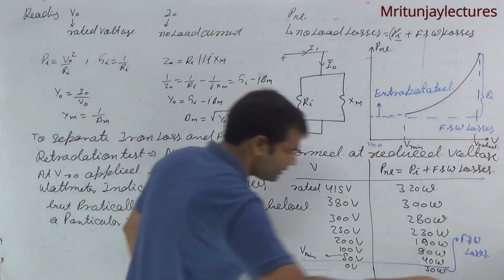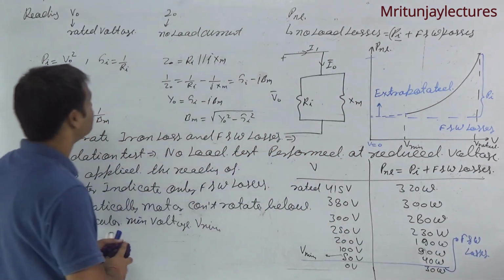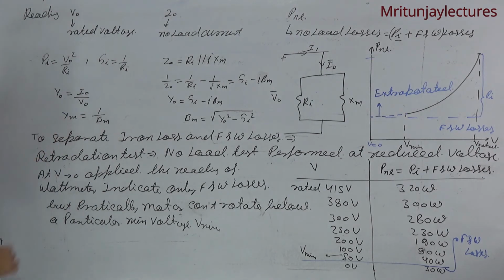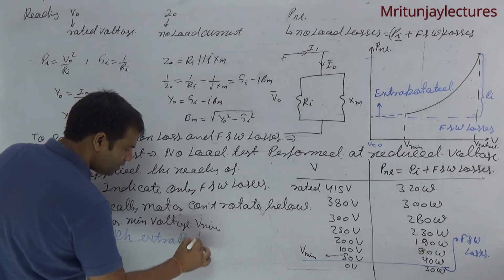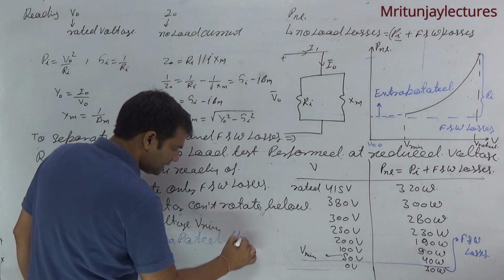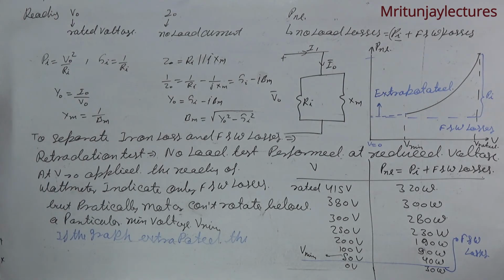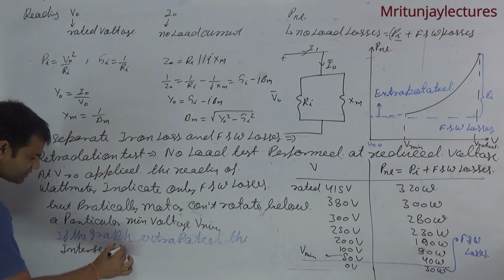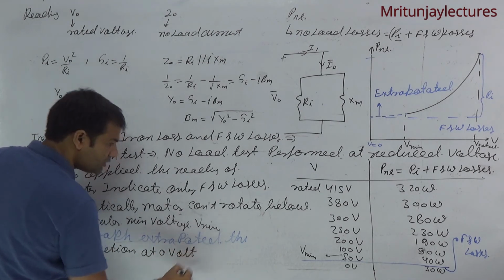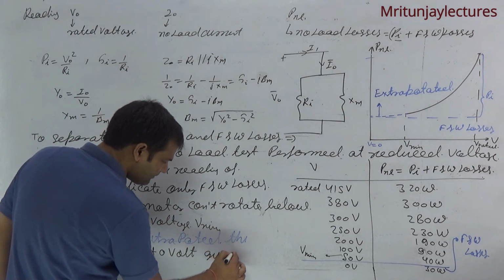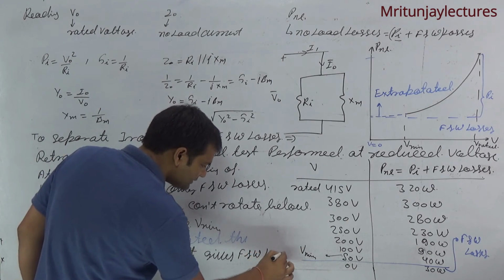So you can say that if the graph is extrapolated, the intersection at 0 volt gives friction and windage losses.